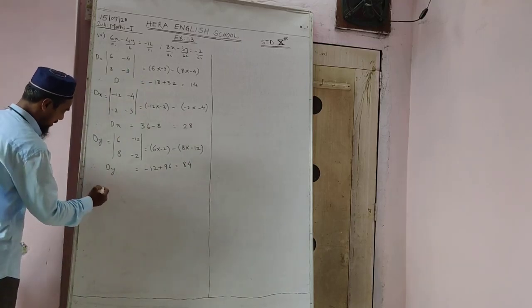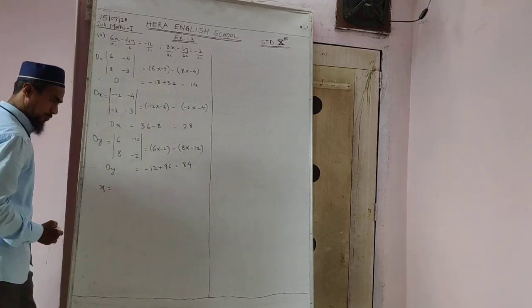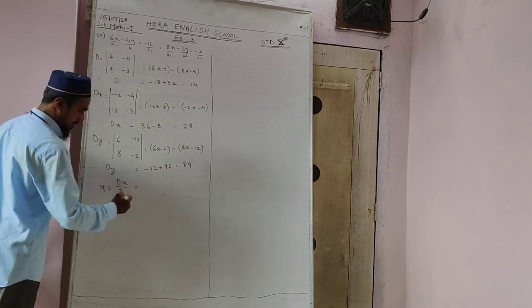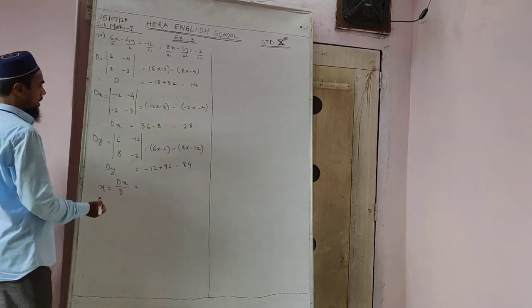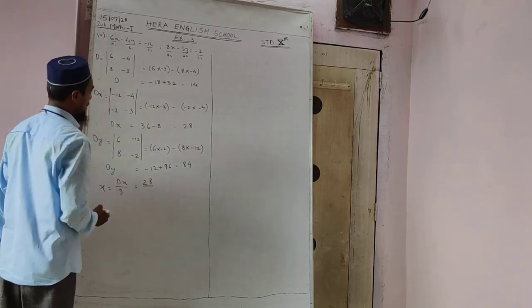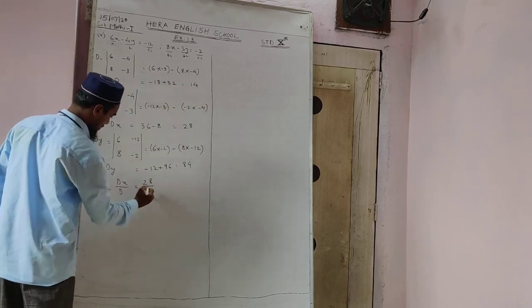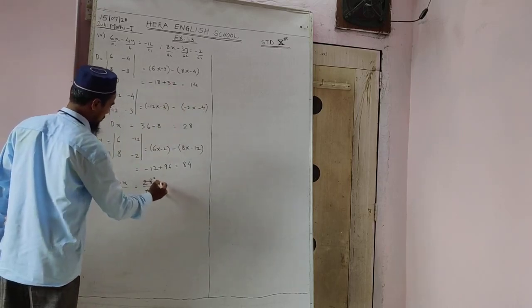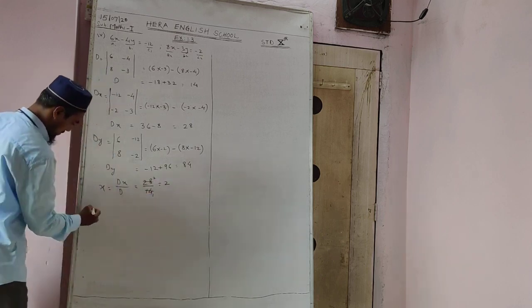Now to get the value of x, we write the formula x equals Dx upon D. Dx is 28 and D we got already, 14. Divide: 14 into 28 is 2. We got x.